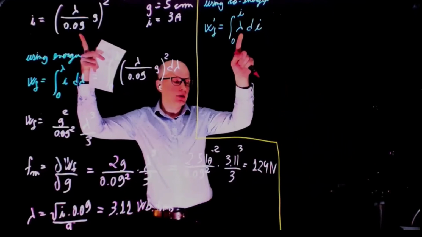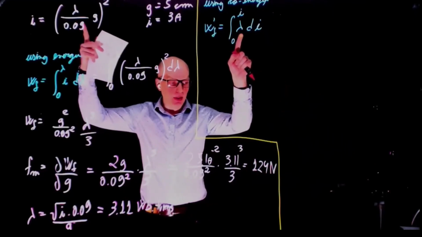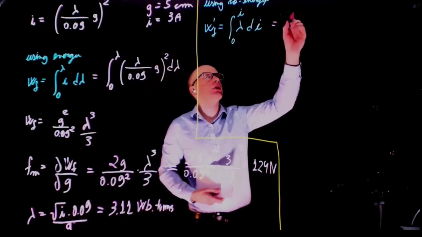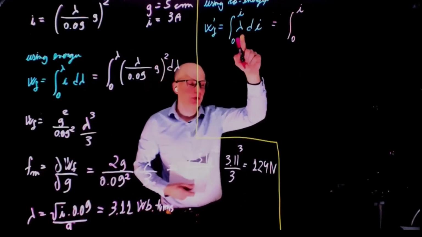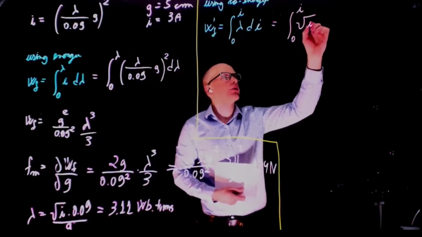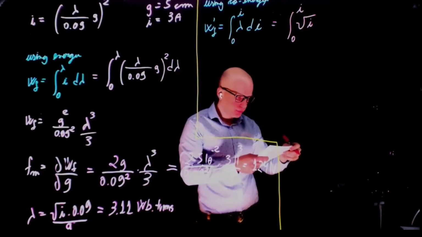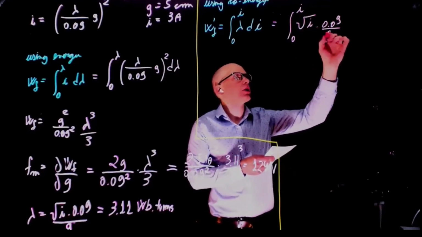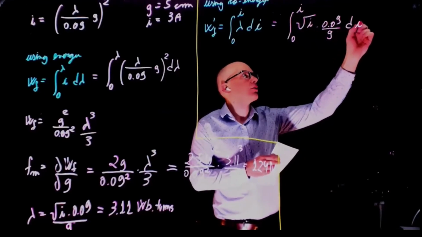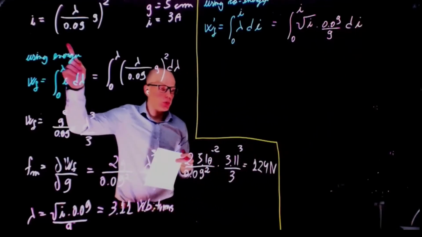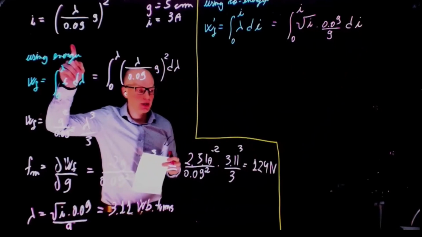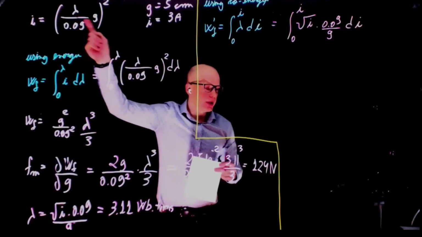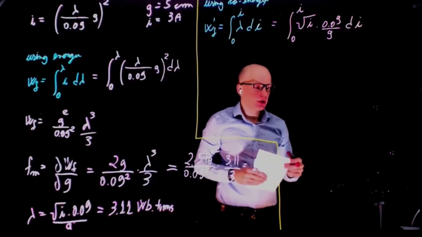We can get lambda by isolating lambda from this equation. That is the same we got down there. So this is equivalent to the integral from 0 to I of lambda, which is the square root of I times 0.09 divided by G, di. Just to rearrange this equation, again, take the square root of both sides and then rearrange for lambda. Replacing lambda here, that's what we get.